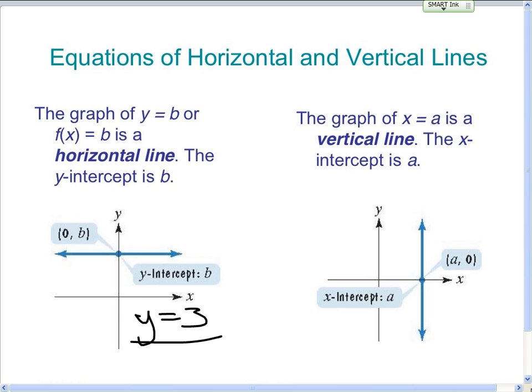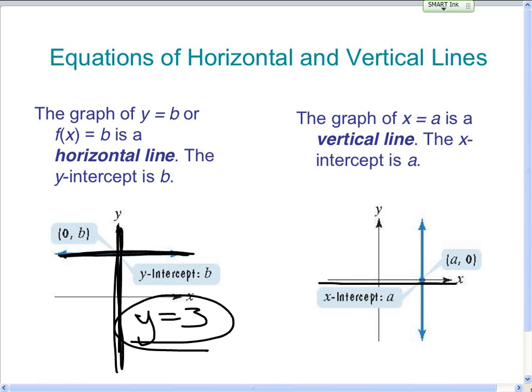So if you have y equals, then you're going to have a horizontal line, which is opposite of what your y-axis does. Opposite, opposite, opposite. Same thing with the x-axis. Here's your x-axis. Here's your x equals. X equals, I don't know, 7. So it says x equals, it's going to be a vertical line. It says y equals, it's going to be horizontal.